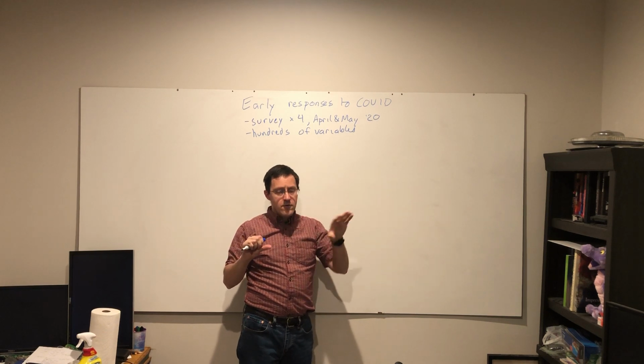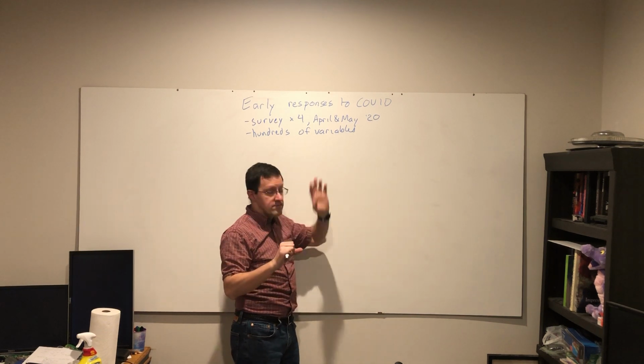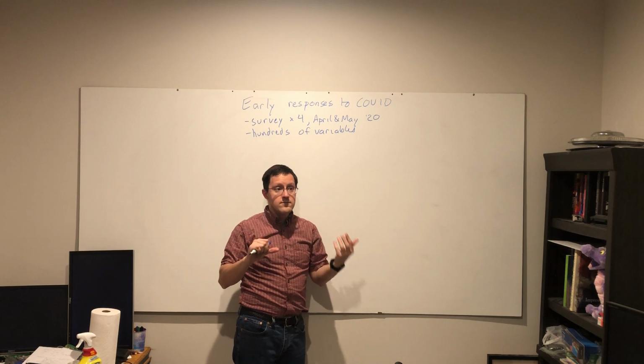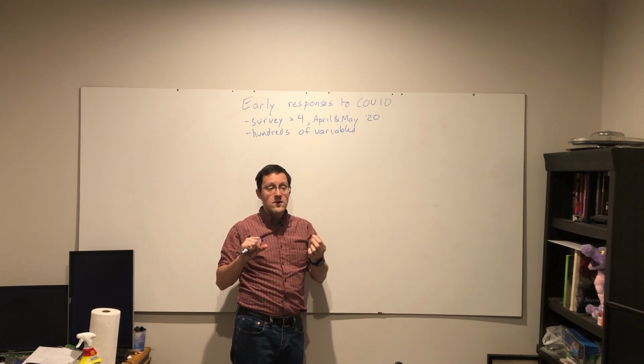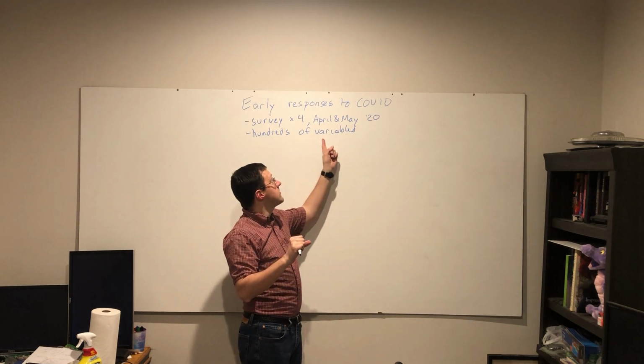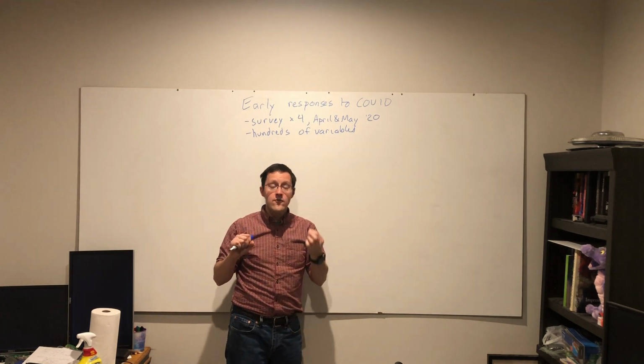Okay, so as I said, we have the data, and the first thing I did really was to pull out what from these hundreds of variables was of greatest interest.